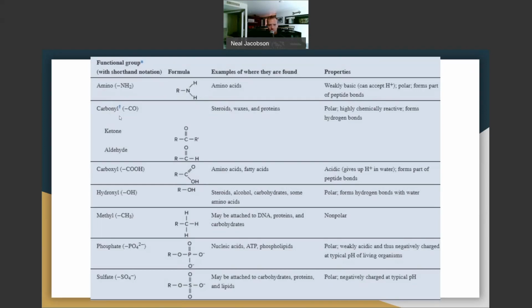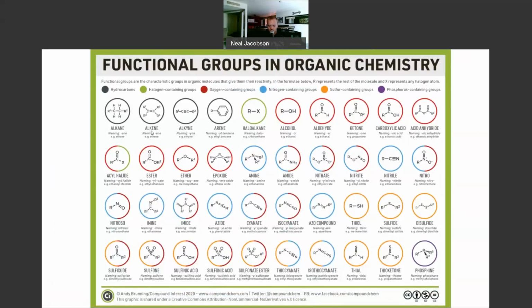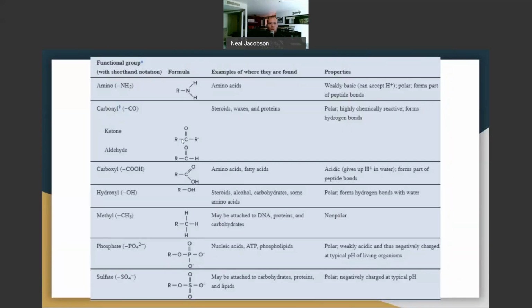Okay, carbonyl groups. There are 2 different types of carbonyl groups. This is where carbon is bonded to, like, here's your M4 carbine, on either one side or both sides. So it's sort of sandwiched here in the middle. And it's a carbon double bonded to an oxygen. We see ketones show up a lot.